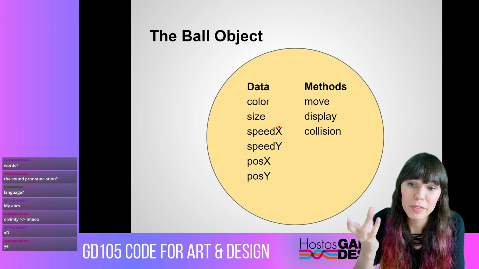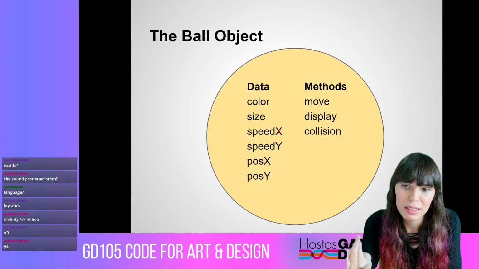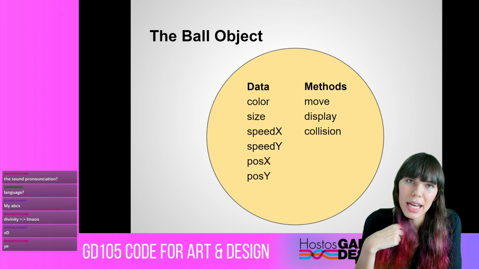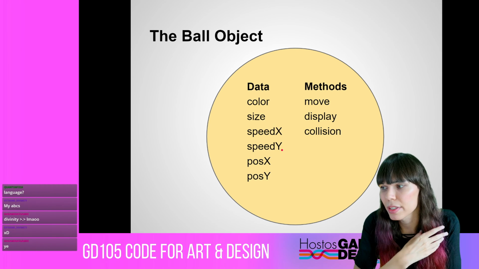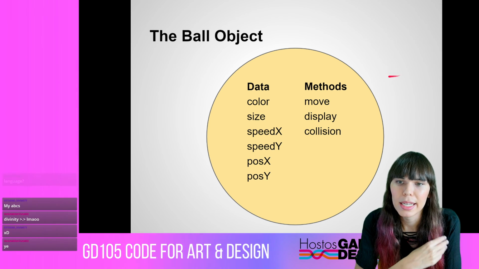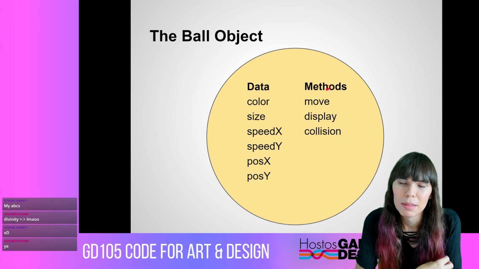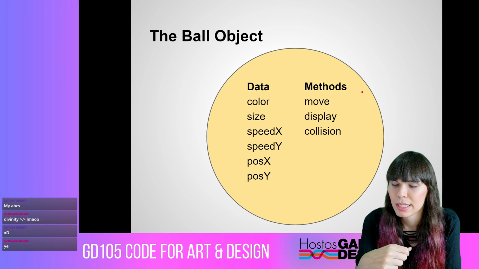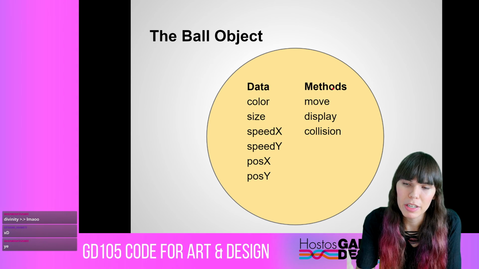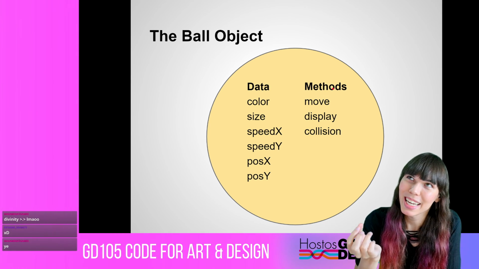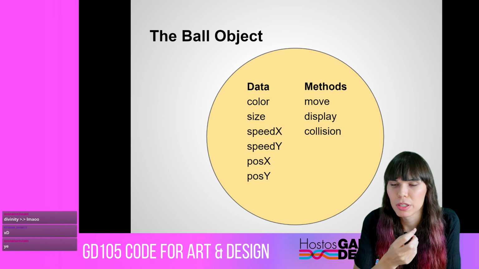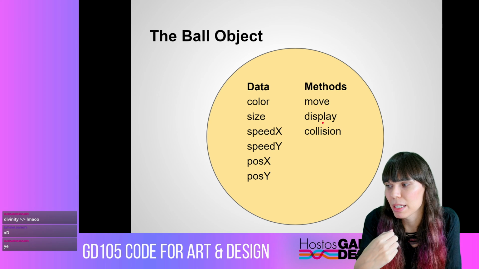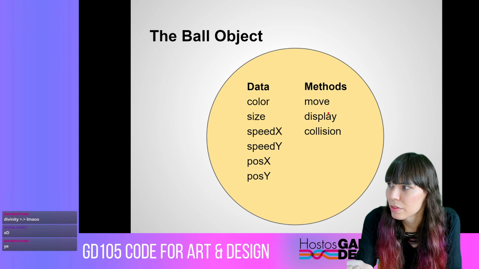If they're moving, they might all have a speed on the x-axis and a speed on the y-axis. They might all have an x and a y position if they're going to be drawn on the screen. And then methods. Method is just a fancy word for a function within a class. Remember, a function is just something that something does. So if we're talking about a ball object, it might have collisions, or maybe it moves around the screen.